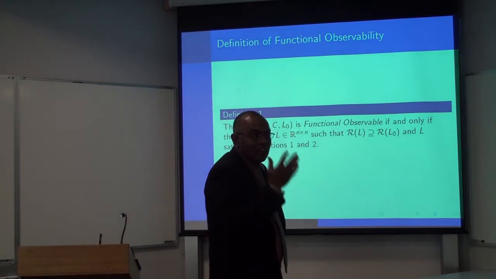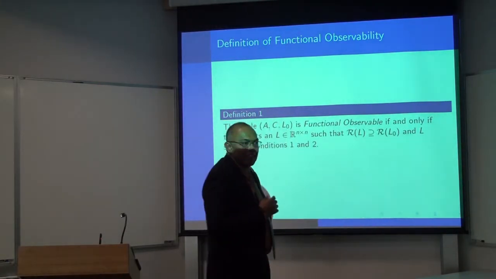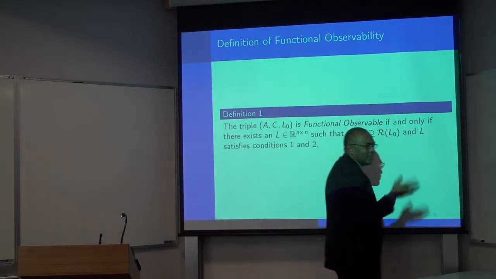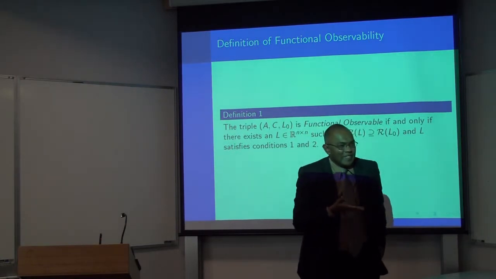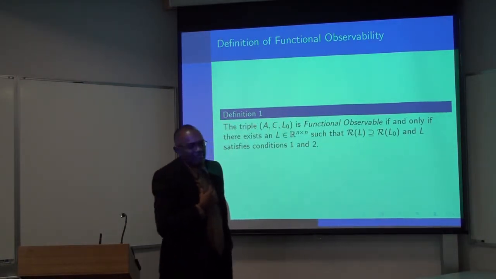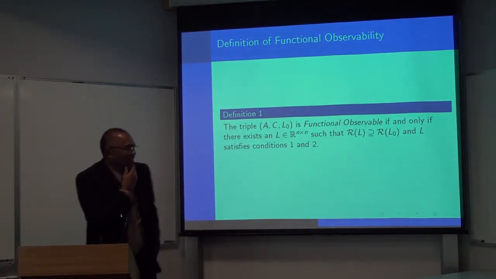I will give you an example where the system is unobservable. And of course, L0 will be full rank because we only want to estimate linearly independent functions. Well, we can assume that. Full row rank, yes.